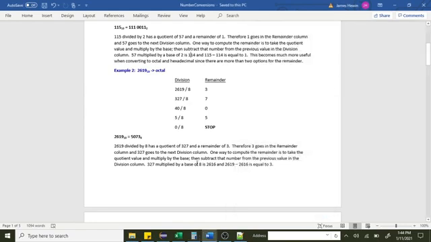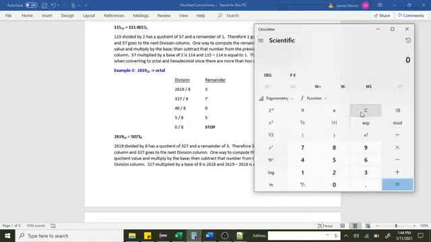Then we take the 327 and divide by 8. 327 divided by 8 is 40.875, so it gives me a 40. That's my new quotient. How do I know 0.875 is a remainder of 7?